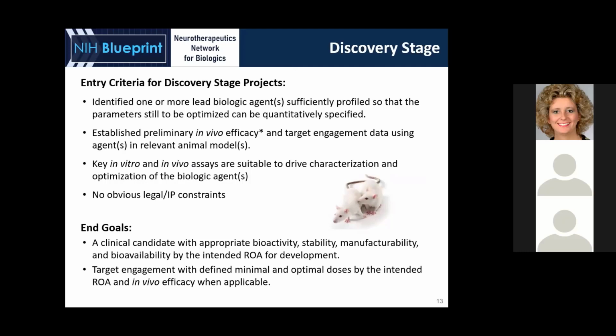The agent should show in vivo efficacy using clinically relevant outcome measures, for example, biochemical, anatomical, and/or functional outcome measurements whenever possible, and in vivo target engagement, right? By example, that means measurement of target binding or proximal downstream effects at the clinically intended sites of action. And then from that, you want no obvious legal or IP constraints.